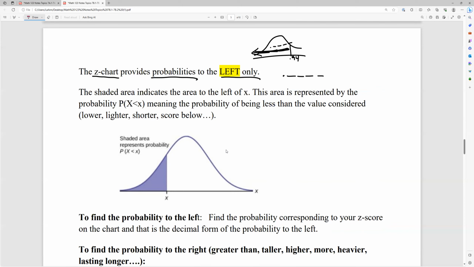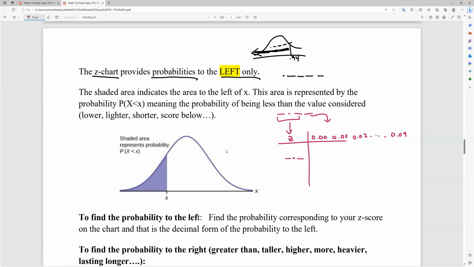And then just to remind you about the table, it only gives you probability to the left. So when you look up your z-score, remember we said they're usually a whole number and then 2 decimal places. That's what we round to. So you'll always be looking up the whole number and tenths part in the rows, and then the hundredths part is in the columns across the top, and that goes all the way up to 0.09.